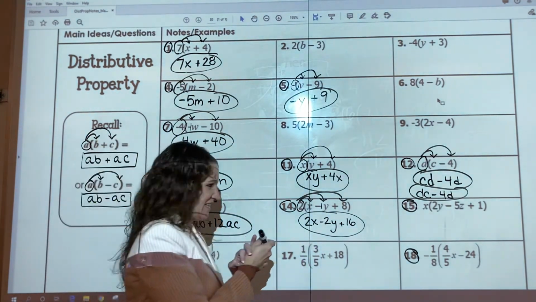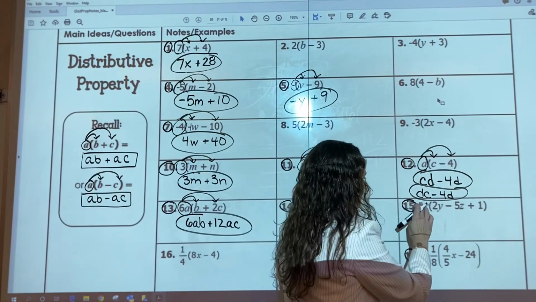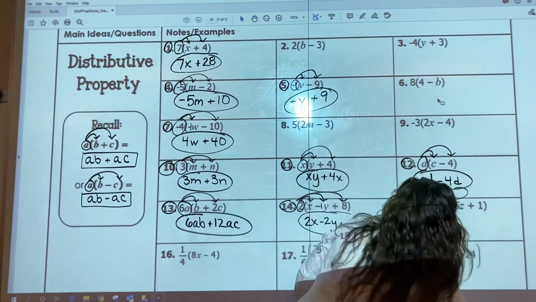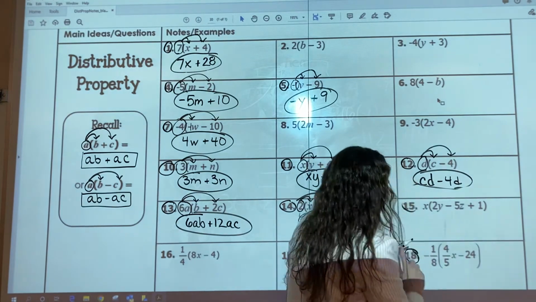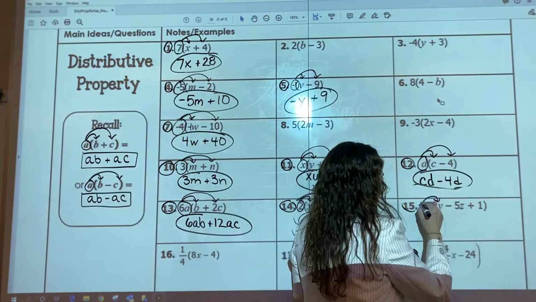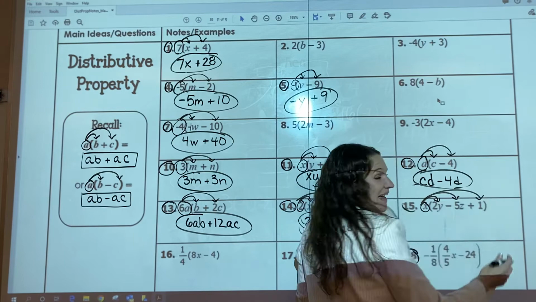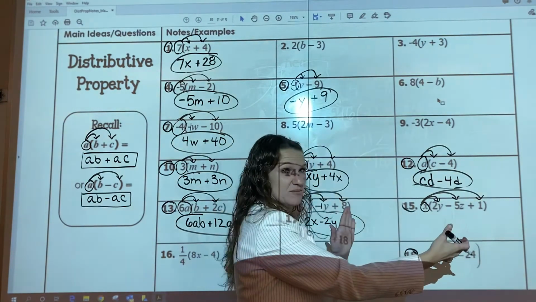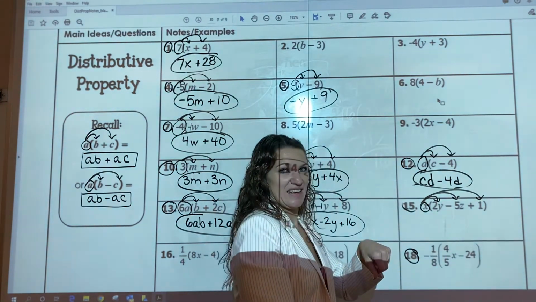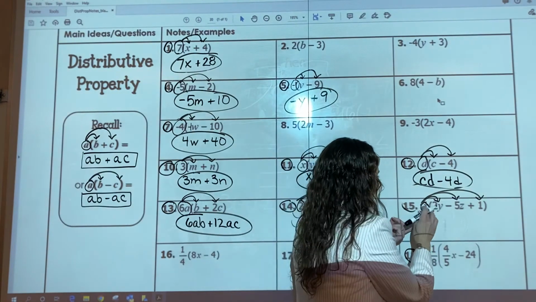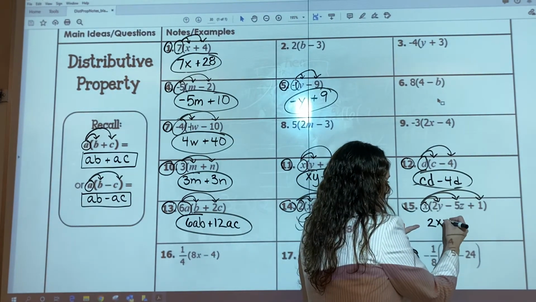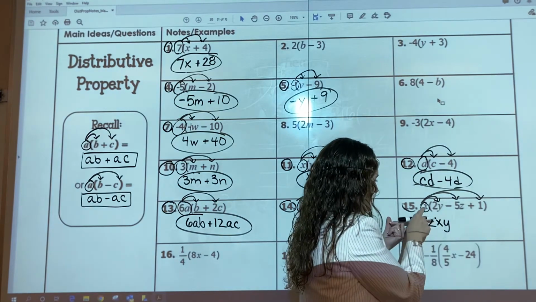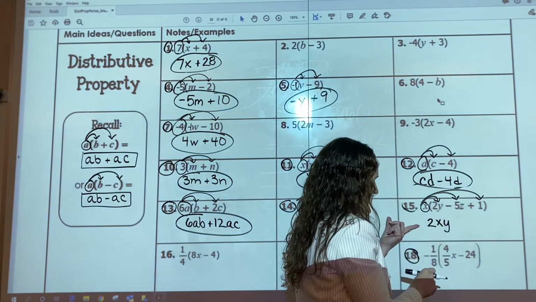Let's look at number 15. Here we're going to distribute the x. I'm just going to erase this second part so I can show my arrows. 3 terms again. So if you're distributing to 3 terms, you should have 3 terms at the end. So x times 2y would give me 2xy. So the 2 came down, my x and my y.